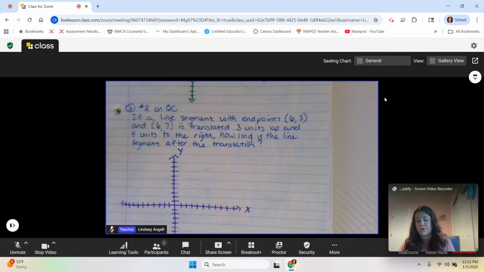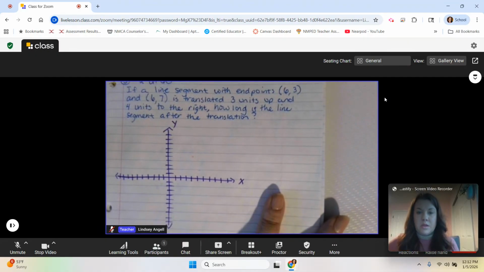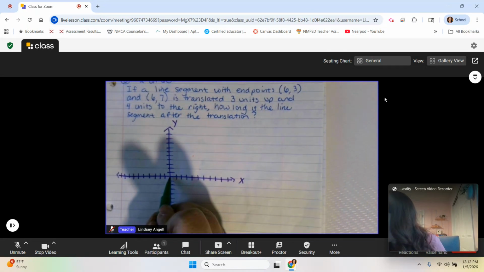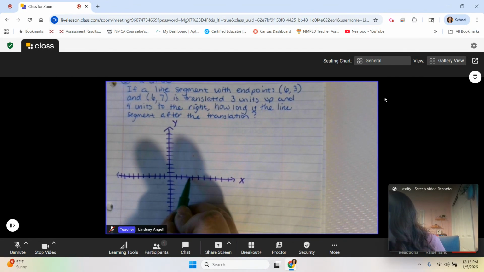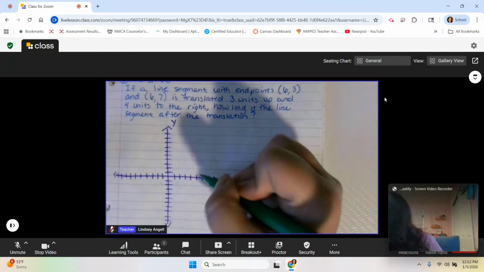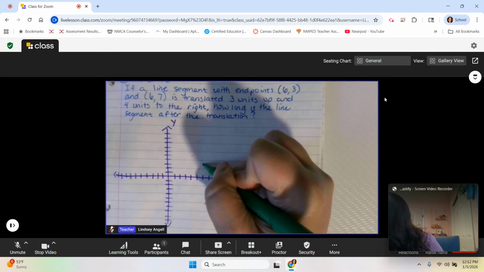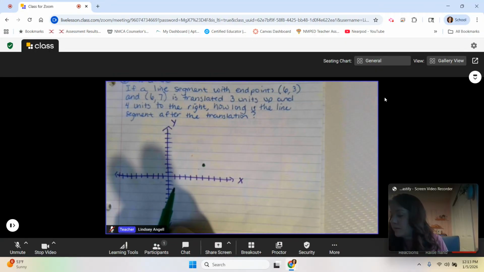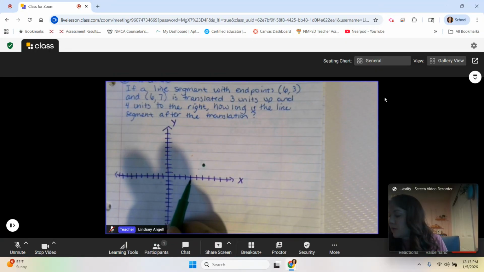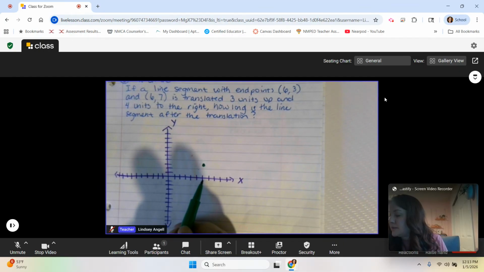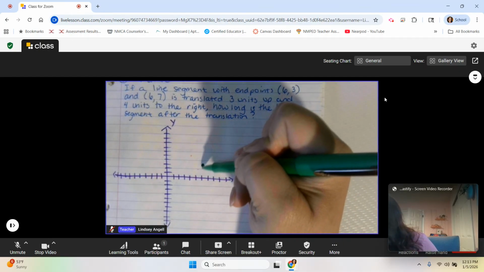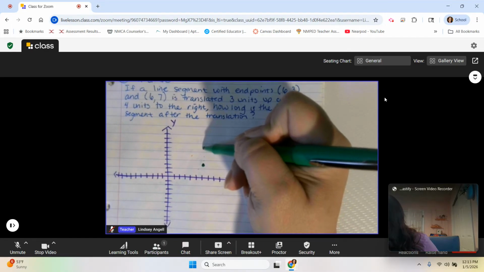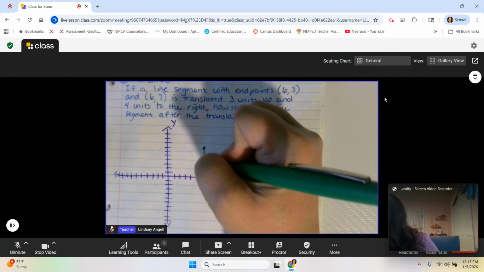Our original points: we've got (6, 3). From my origin, I'm going to count over 6, 1, 2, 3, 4, 5, 6, and go up 3. And then (6, 7): over 6, and then up 7, 3, 4, 5, 6, 7. So there's our line.